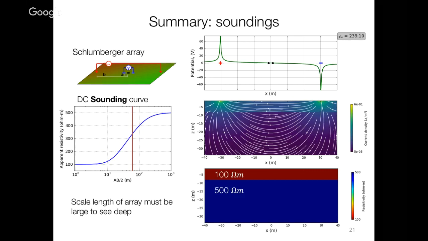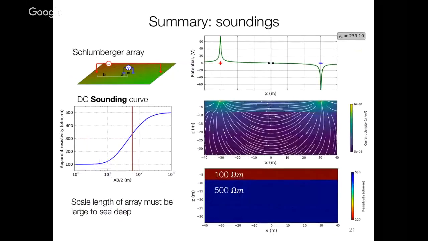But it also means, if you want to translate for those people into marine EM, if the carbon layer is at that depth, the length of your survey is 3 times that, so that's 6 kilometers. Which is why these boats have cables that are 6-8 kilometers long, because they need to be that long to see that depth. So that's a sounding.